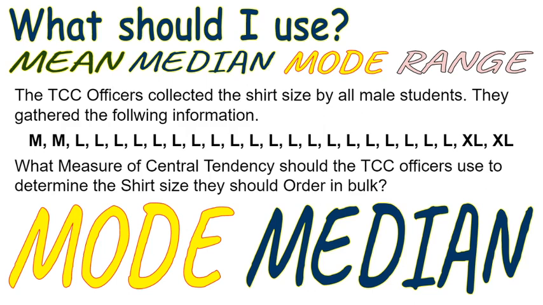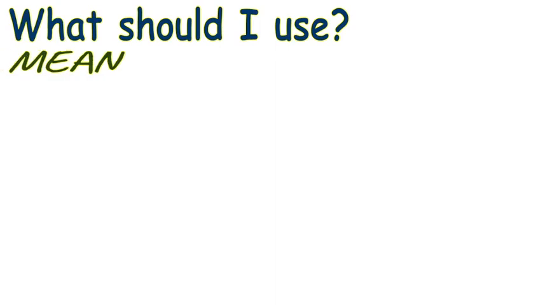Then you have to choose mode, for a very simple reason: mode is used for categorical data, and median is usually used to determine the middlemost center, and in most cases they would require numerical data so that we can use median, but at some point you can also use median in some categorical data. Okay, so let's go ahead and proceed to our next example.